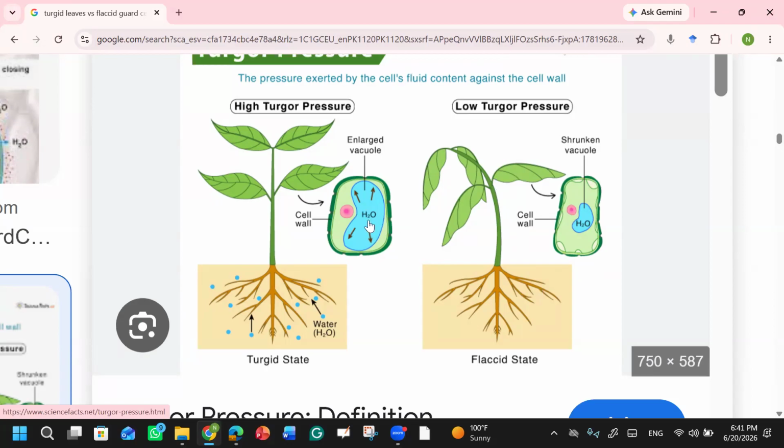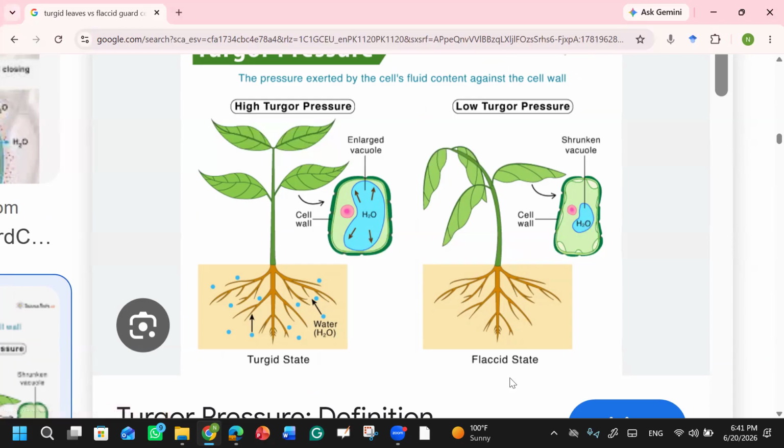What is the prominent difference? The high turgor cell has a bigger vacuole, and the low turgor cell has a small vacuole. Its vacuole has shrunk because the water is lost. This is known as the flaccid state.